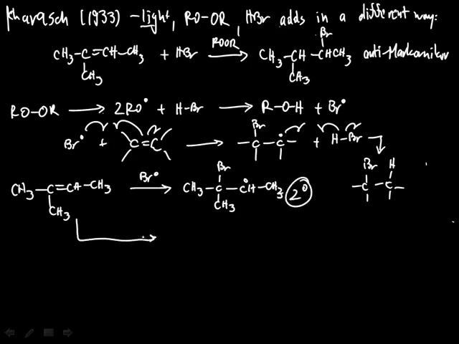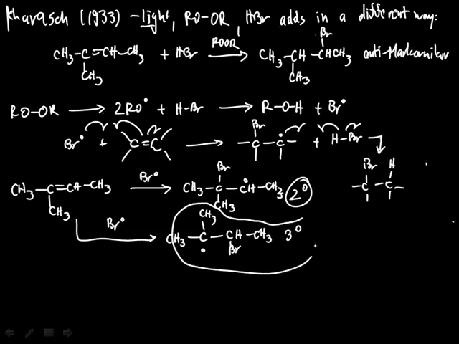Or we could add this bromine onto the less substituted carbon, which would leave us with a tertiary radical here. And not surprisingly, this one is going to form predominantly and will ultimately lead to the product that we did observe, the addition of bromine onto the less substituted carbon. And so this is an anti-Markovnikov addition.